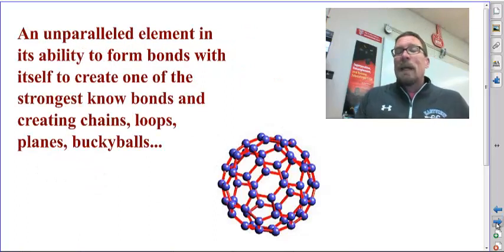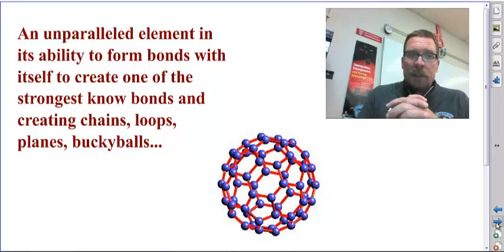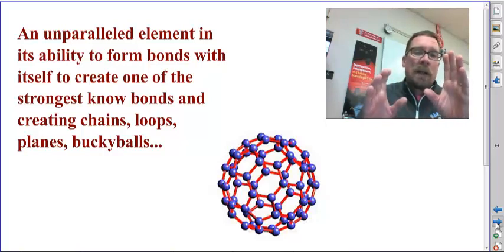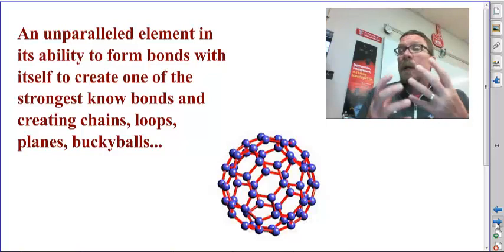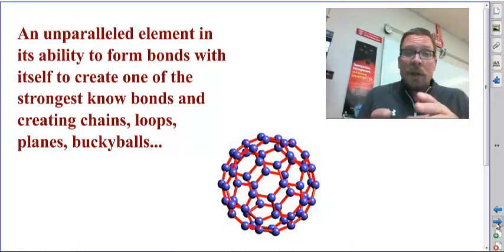Okay. The other key to understanding carbon is because of its valence shell structure and its 4 valence electrons. It is unparalleled compared to any other element in its ability to form bonds with itself. And that carbon-carbon bond is one of the strongest that is known.